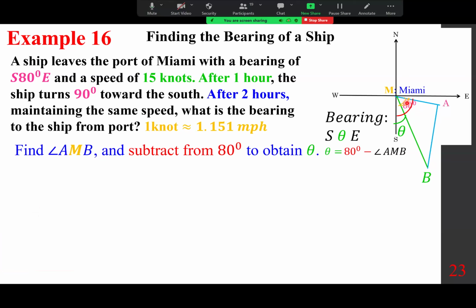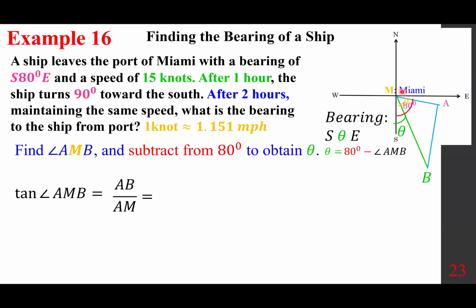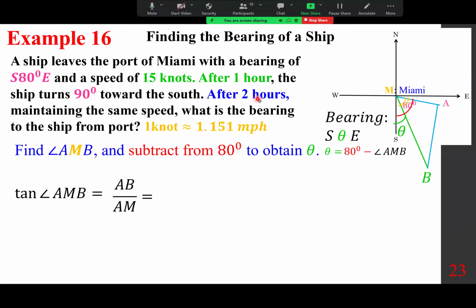So what is the tangent of this? It is the opposite, AB, over the adjacent, AM. So we want this tangent. The opposite is AB over AM. AB after 2 hours, remember the speed is 15 knots.